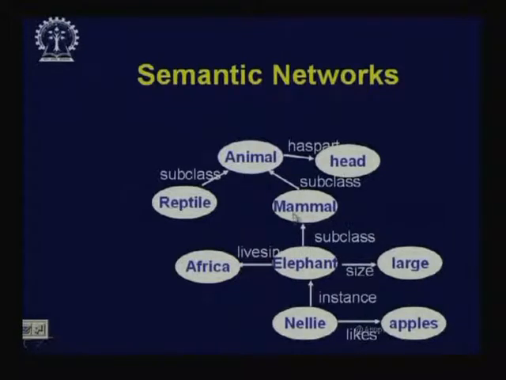So, if I do not find the answer here, I have to go up and look into mammal, whether that link can be answered. Now, here as I go in, I find that the lives-in link is available here, and so my answer is Africa.